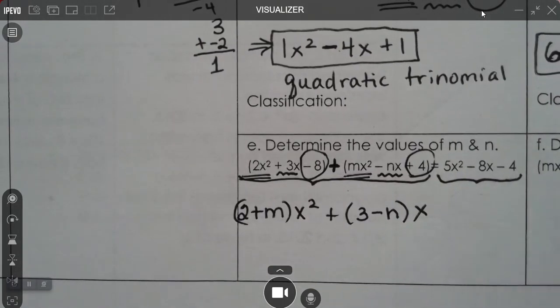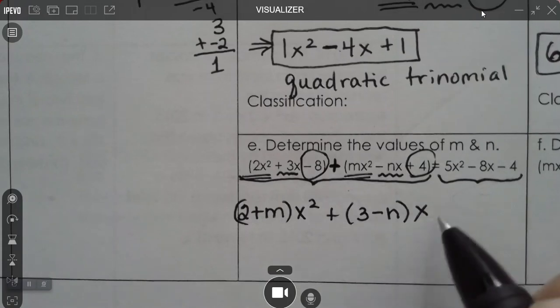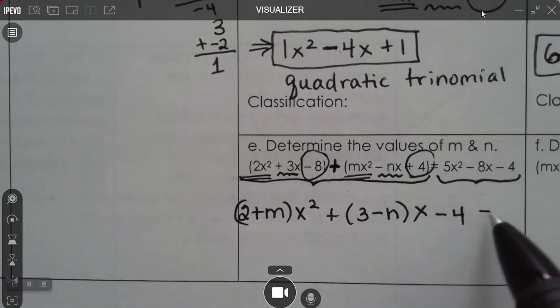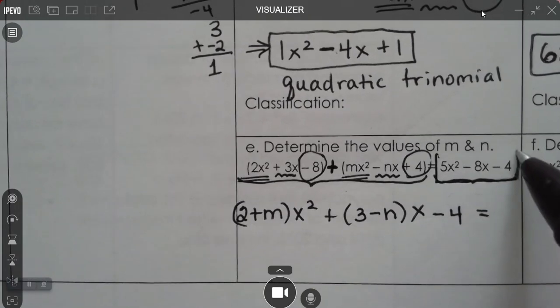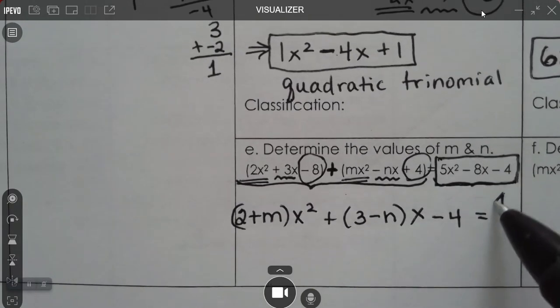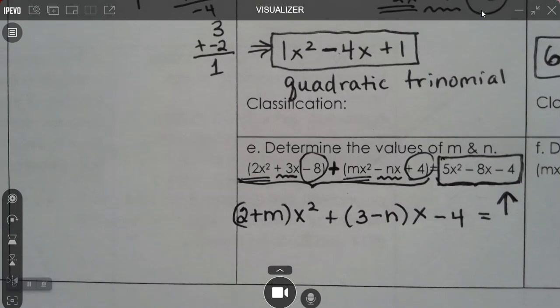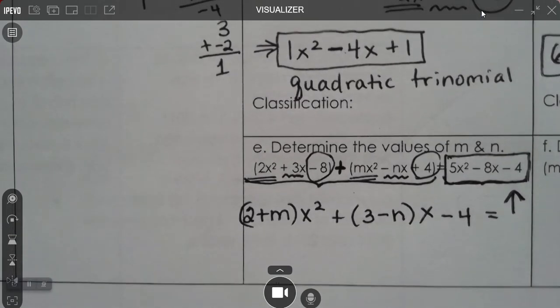So in your calculators, negative 8 plus 4. Negative 4. All right, and all of this equals this right here. I don't have any more room to write it, so I'm going to put the arrowhead, okay?